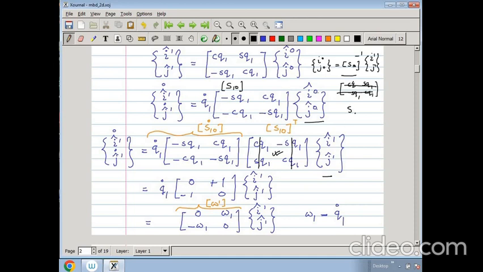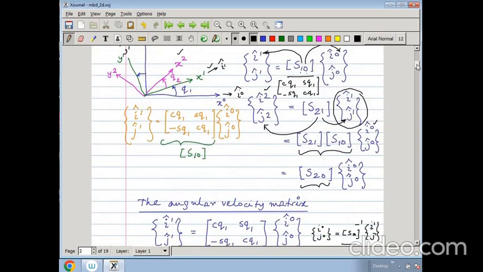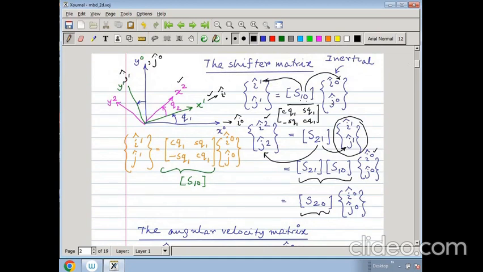When you replace this by this, this matrix comes in, and this is nothing but S10 transpose. So S10 inverse is S10 transpose. So we get I0 J0 is equal to S10 inverse I1 J1, and this we get from the first relation.